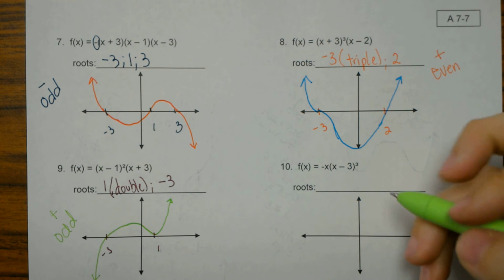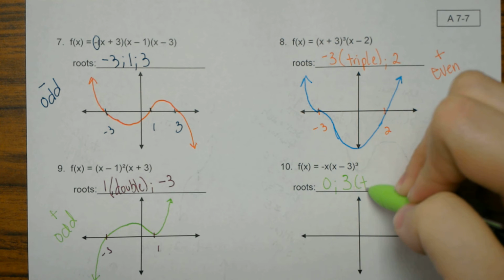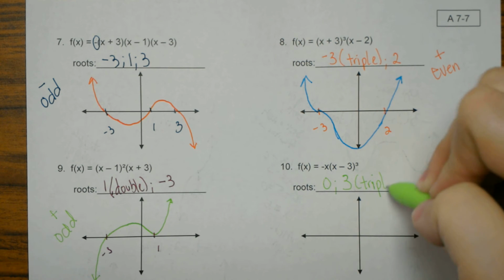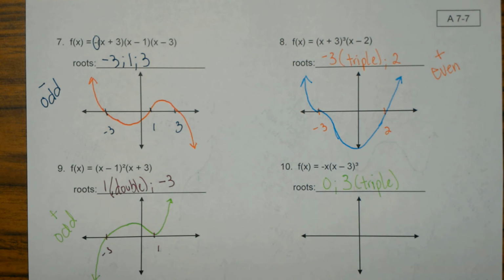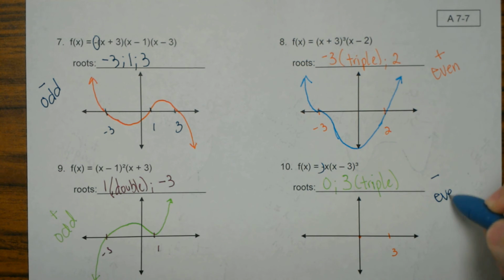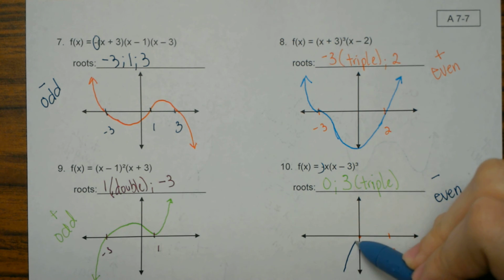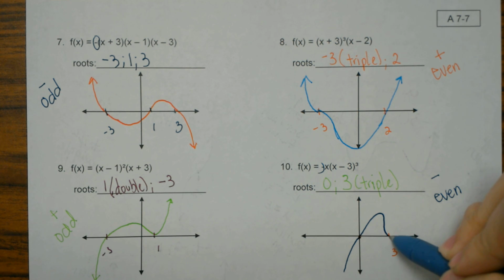And then 10, I have a single at 0 and a triple at 3. And it's a negative even. Because I have a triple and a single, so I have 4. 4 is an even number. And so it's going to start below, hit at 0, come up, and it's going to wiggle as it goes through 3.